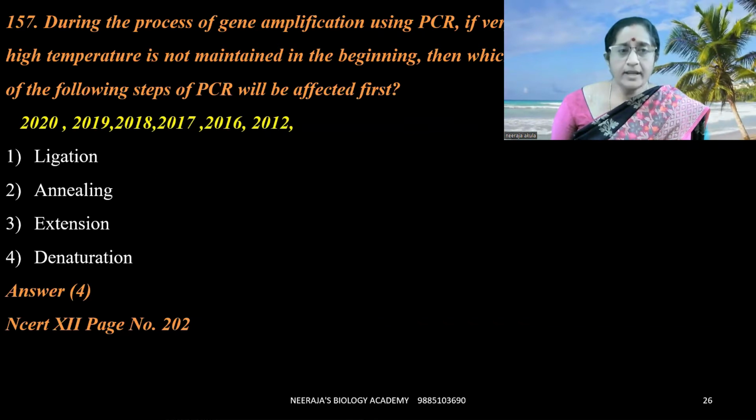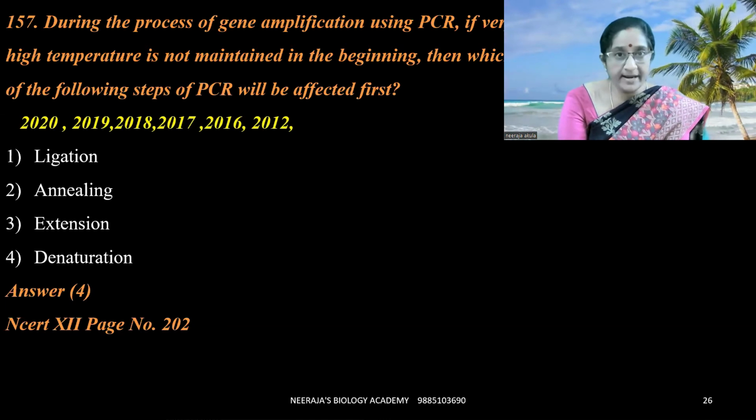Next question. During the process of gene amplification using PCR, if very high temperature is not maintained in the beginning, then which of the following steps of PCR will be affected first? Kary Mullis is the scientist who turned the idea of polymerase chain reaction into reality.